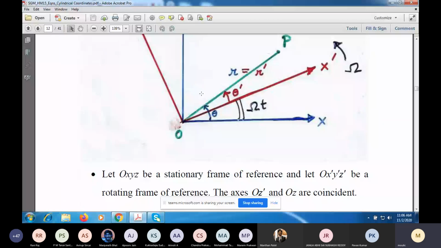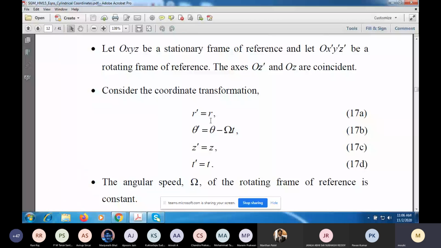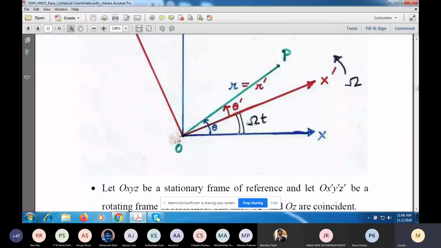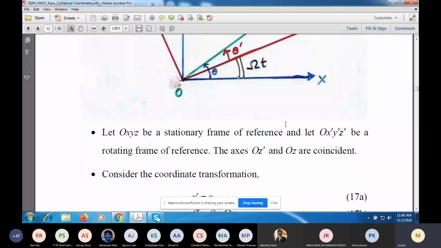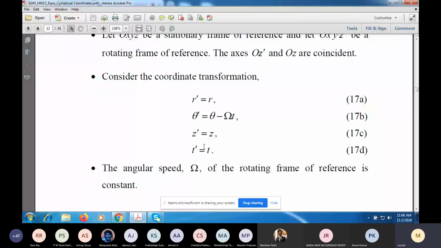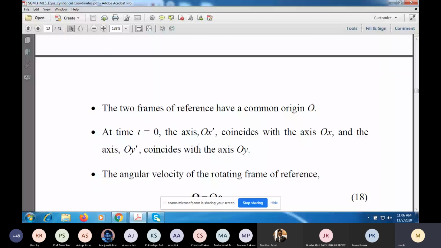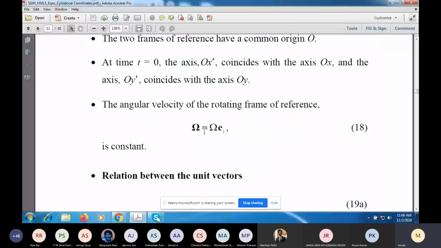So the coordinate transformation is R prime equal to R. Theta prime is less than theta by this amount, omega t, which is the angle through which the axis OX prime has moved from OX in time t. And since we use the chain rule, I'm introducing a symbol t prime to indicate the time. And of course, the omega vector is omega times Ez.